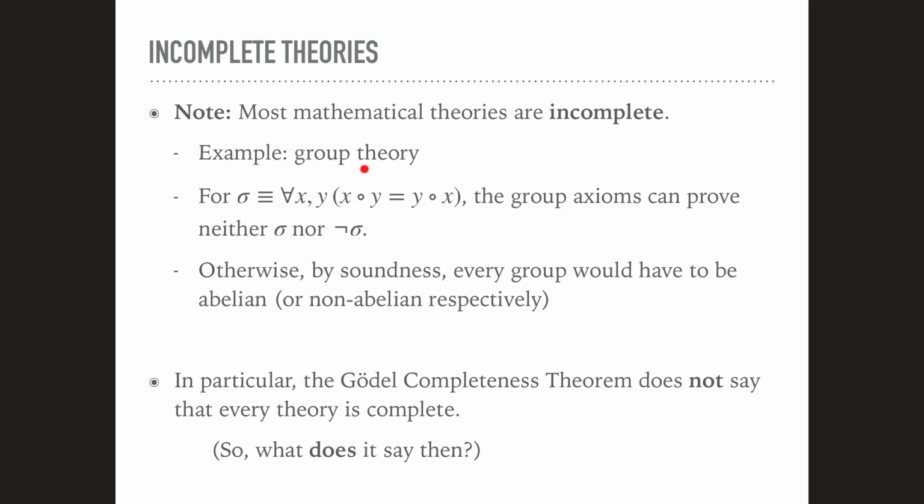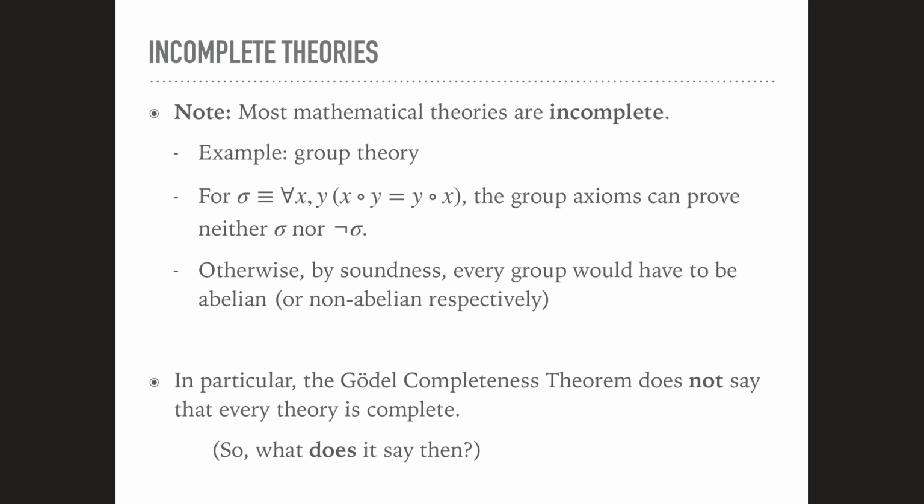So, for example, take group theory, and you take the sentence sigma that the group is abelian, right? The group axioms can prove neither sigma nor not sigma. Because if they could, then by soundness, every group would either have to be abelian or non-abelian, respectively, depending on whether it proves sigma or not sigma. But that's not true, right?